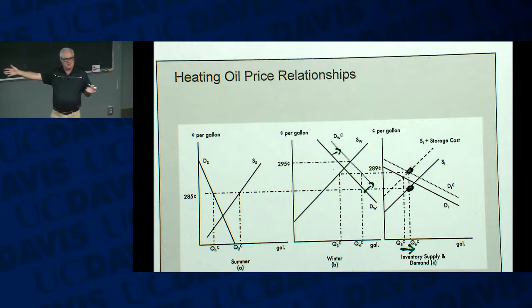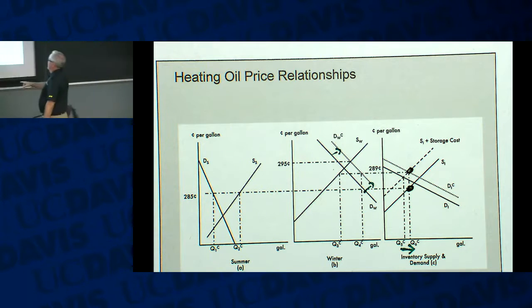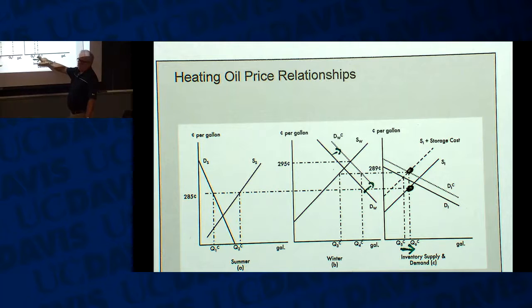Why is that? Because we have good Samaritans like Paul who's looking after those people that are going to be freezing in the winter. And he says, hey, I want some more oil, so he bids up the price. That affects us now in the summertime. And then he carries it. The volume of storage goes up, and the prices go up in both periods.